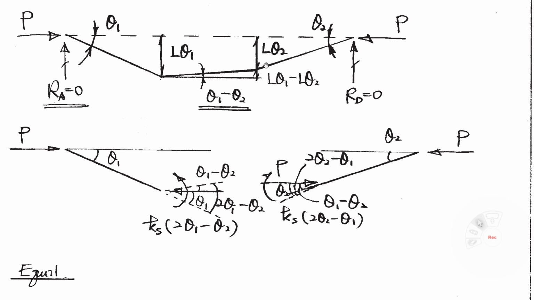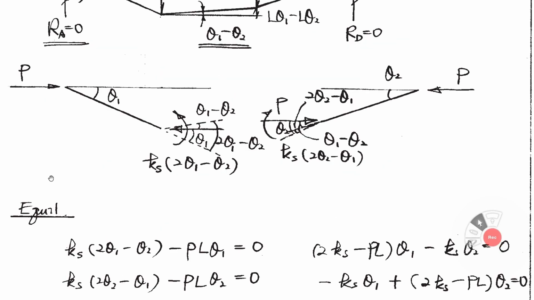The angle change from this straight line is theta 2 minus this angle, then this angle remains. So theta 2 minus (theta 1 minus theta 2). That means 2 theta 2 minus theta 1. That is the rotation of this member from its straight original position. So this is the moment. That is the angle relationship.